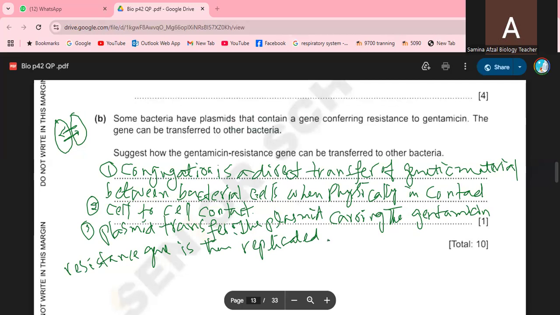In this way, it can be transferred. So these are the 2-3 different ways. So it was all about question number 3.